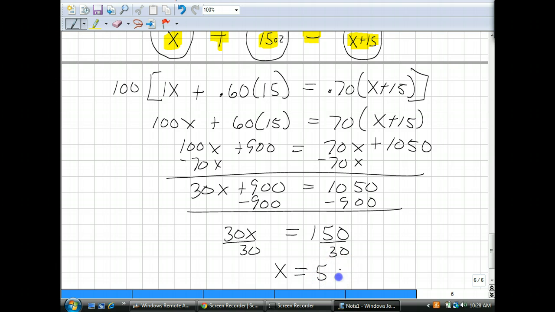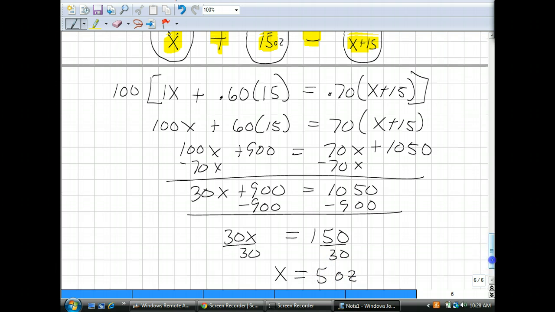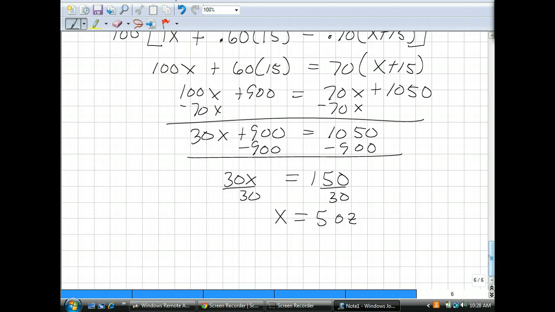And that's going to be 5 ounces of pure alcohol. So remember, we have to write a sentence answer.